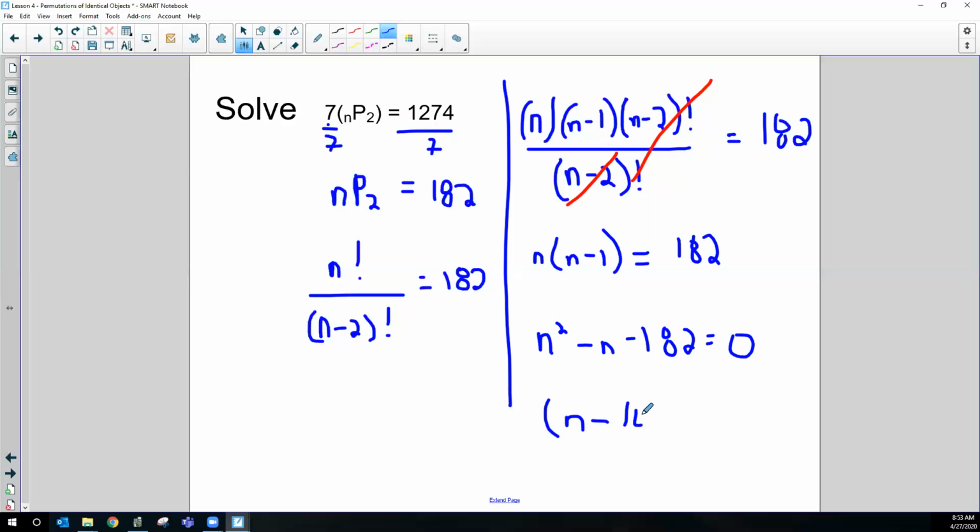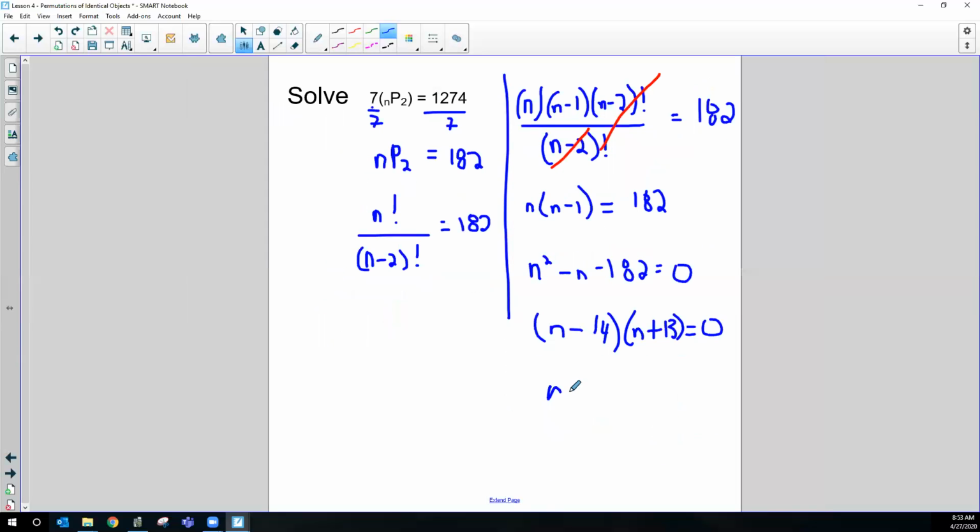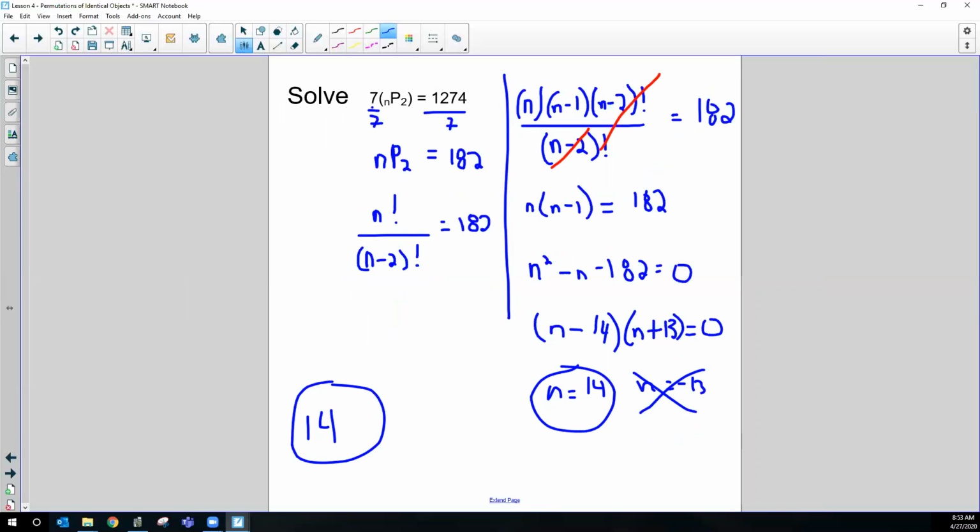It's 14 and 13. So n is equal to 14, and n is equal to negative 13, and we'll reject this one. So there were 14 objects at the beginning. Okay, that is this lesson. So that is permutations with repeating numbers.